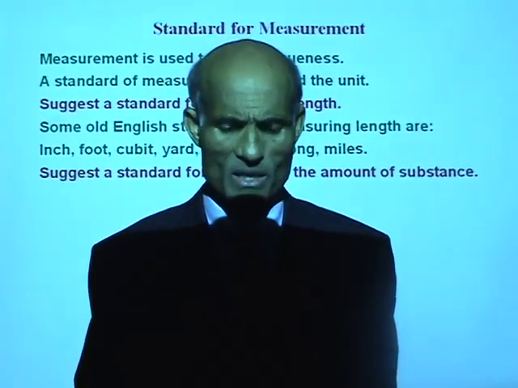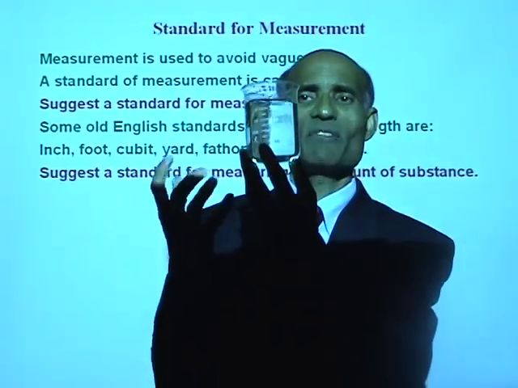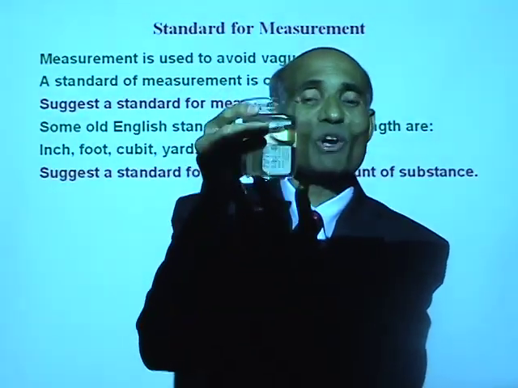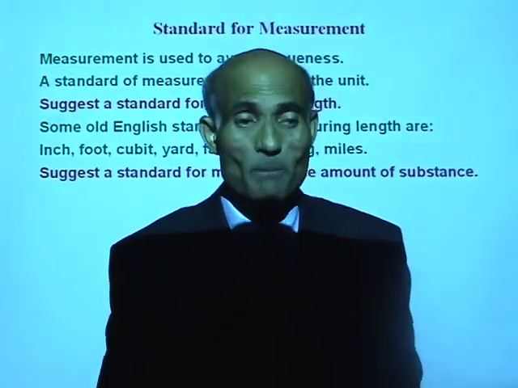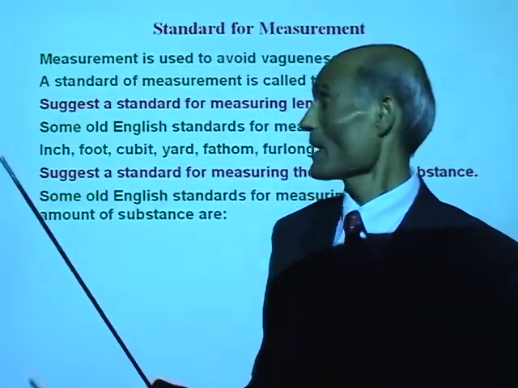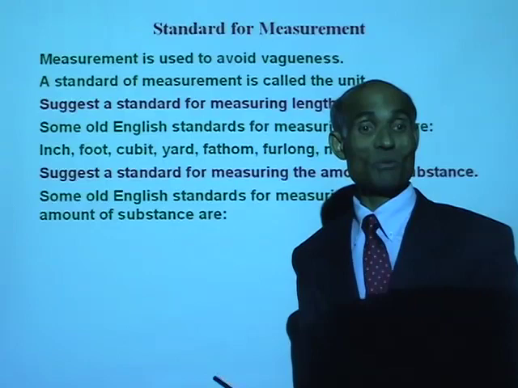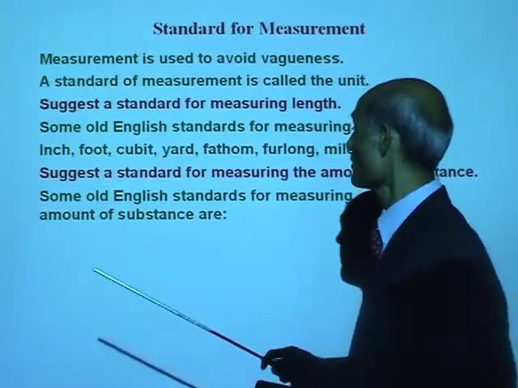Okay, can you suggest a standard for measuring the amount of substance? What does that mean? Now here I have a beaker full of water, and if I ask you what is the amount of liquid or water I have here, what is the unit that we use for measuring the amount of substance? Well, again, some old English standards. It may be interesting for you to look at some of these units.